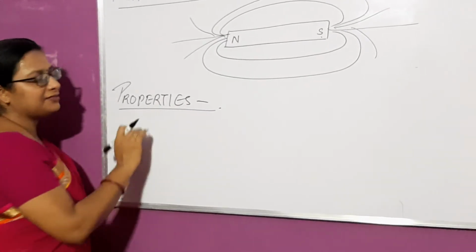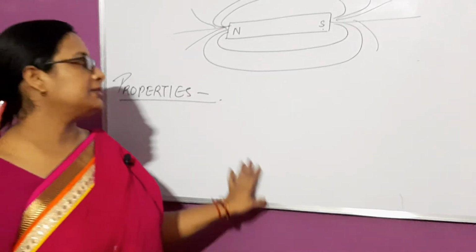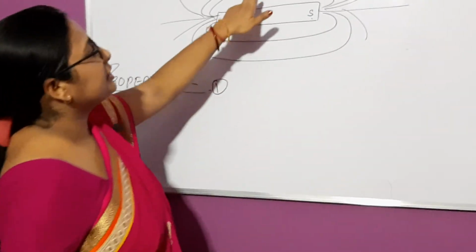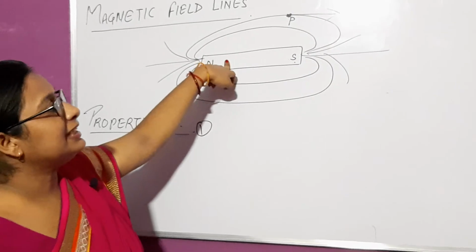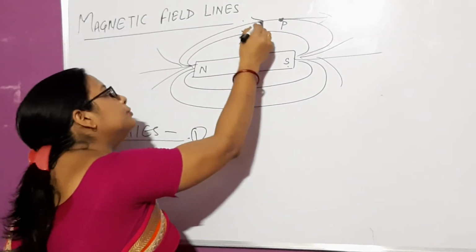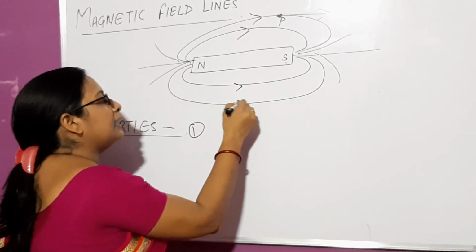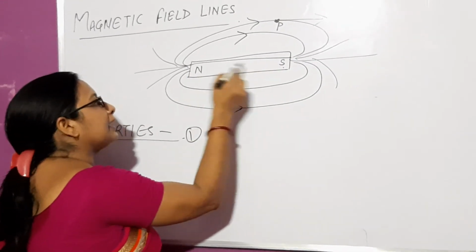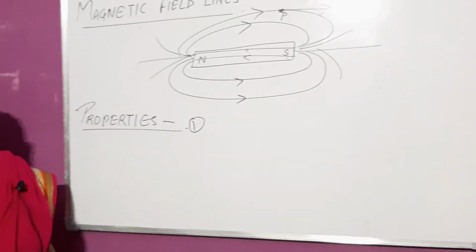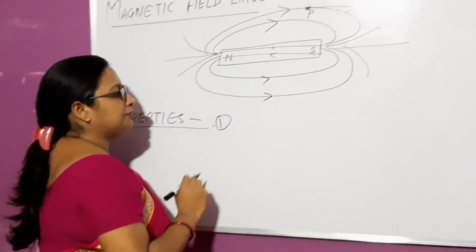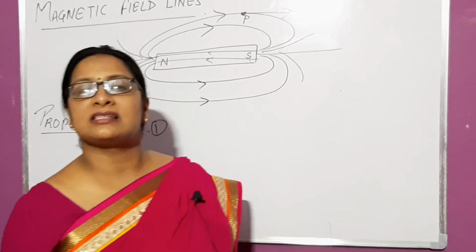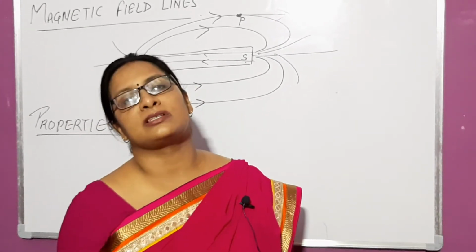Now, properties of magnetic field lines. These properties are very important for 1 mark questions. First property of magnetic field lines: the direction of magnetic field lines outside the magnet is north to south, and inside the magnet south to north. 1 mark question: magnetic field lines form closed continuous loops.